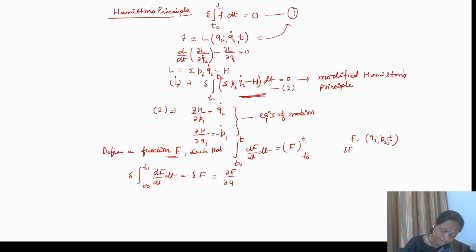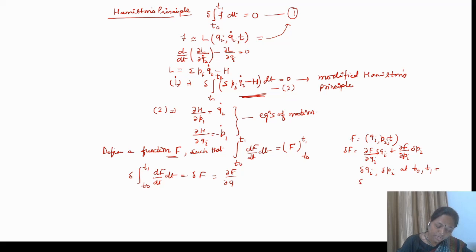So what will be delta F? This is delta F/delta qi delta qi plus delta F/delta pi delta pi. This is the virtual variation, so we will not write delta t. There is no variation in time. And what about delta qi and delta pi at t0 and t1? At the end time points, there is no variation in the end coordinates.